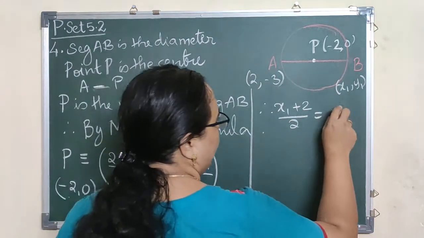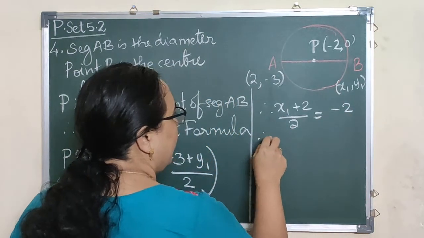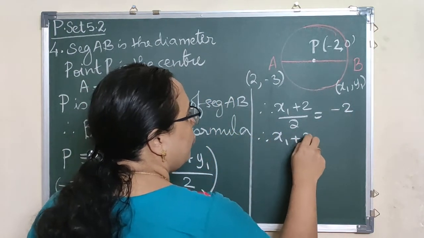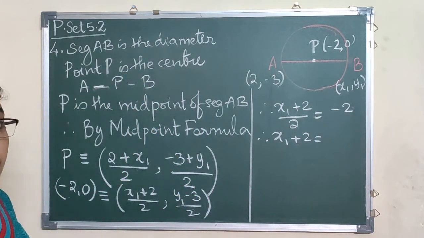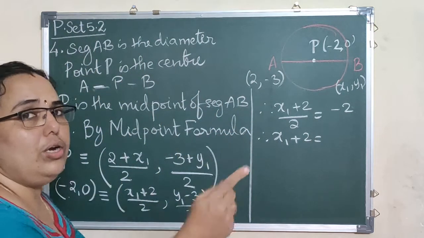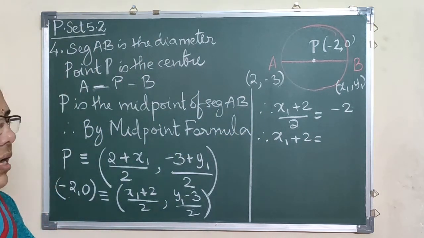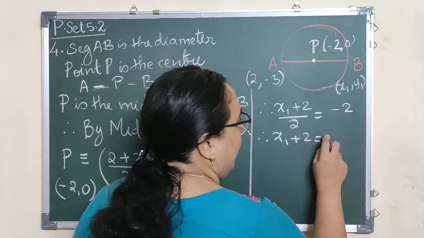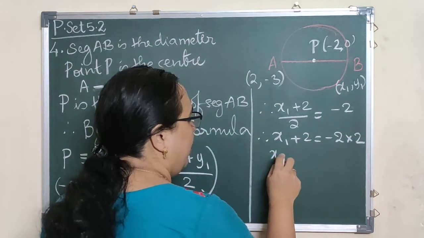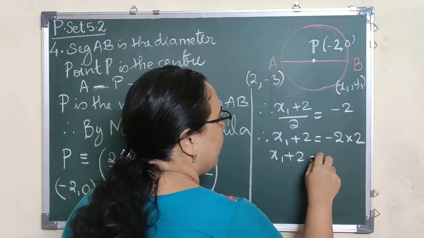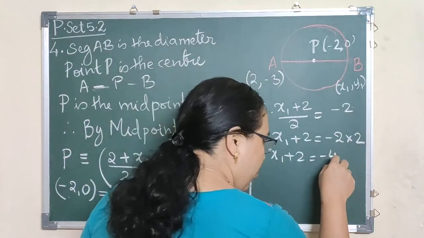is equal to -2. So what is x1 plus 2? When 2 goes to the other side, from the denominator it becomes multiplication. So -2 into 2, so x1 plus 2 is equal to -4.